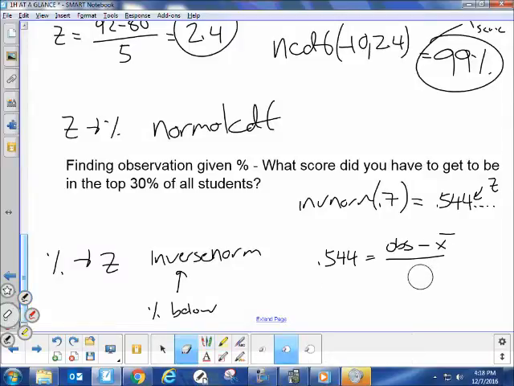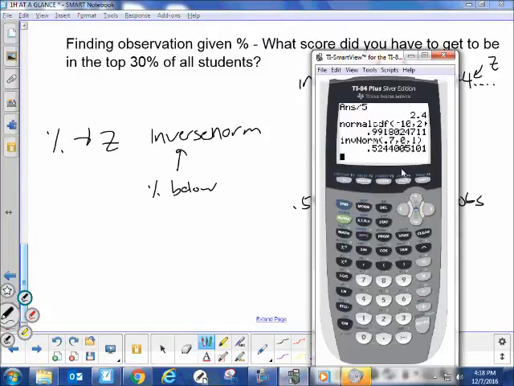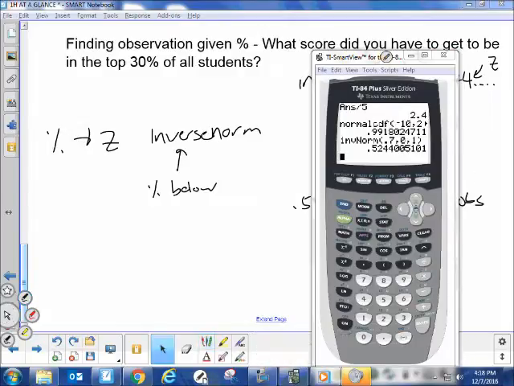Let's fill out the information. I know the mean is 80. The standard deviation is 5. To solve for the observation, I'll multiply and then add. So I have that 0.5244, I'm going to multiply by 5, and I'm going to add 80. And that's going to be my observation. In my calculator, this value will be multiplied by 5. I'm going to just save the value and not round it at all.